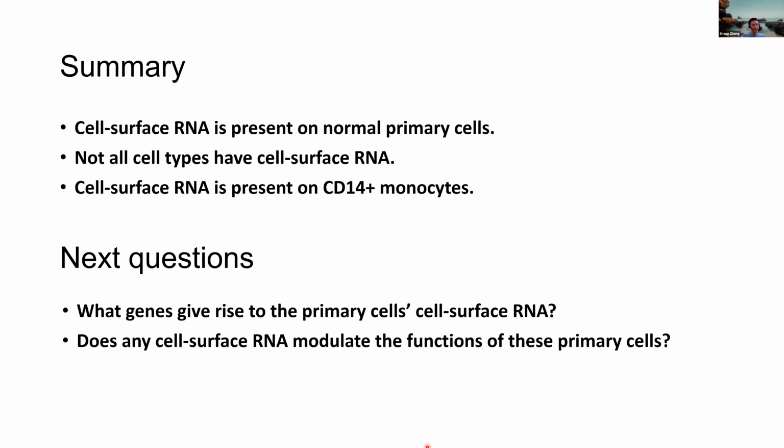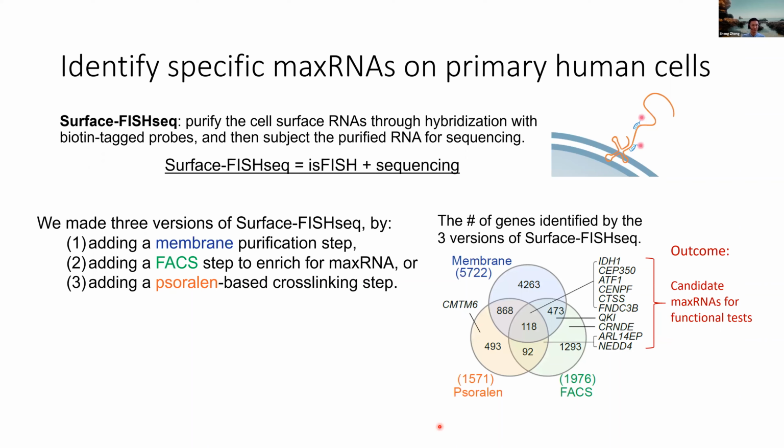Our next questions are: what genes give rise to the primary cell surface RNA, and does any cell surface RNA modulate the functions of their primary cells? To identify what genes give rise to surface RNA, we combined IS-FISH with sequencing. We essentially purify those RNAs with the antisense probe library, and then sequence whatever co-purified RNA.